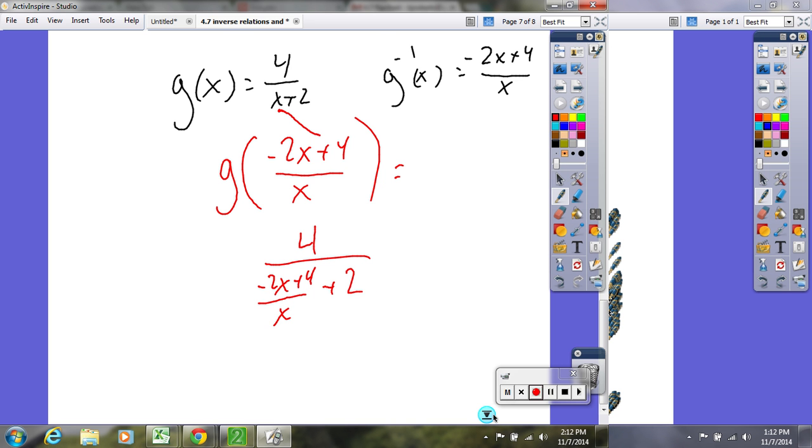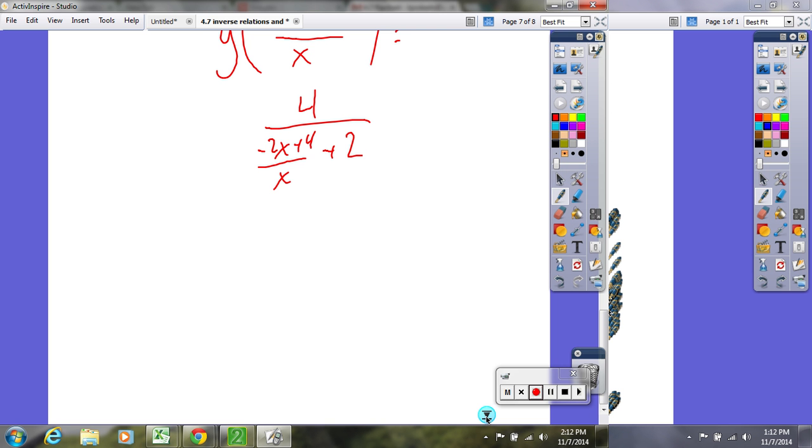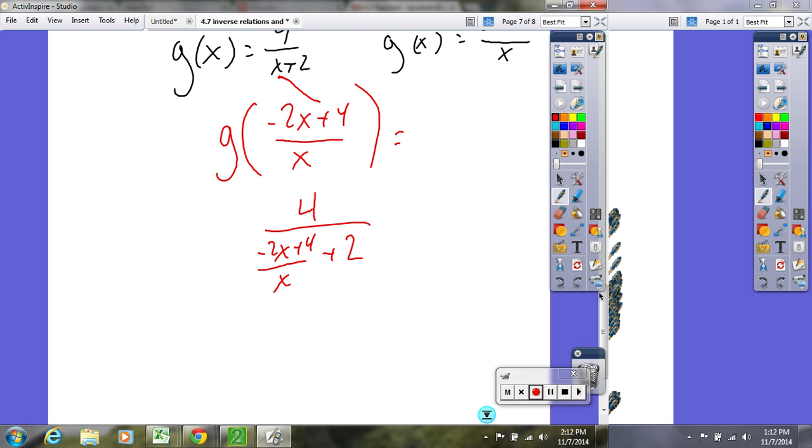What does the bottoms want to do? Well, how are we going to merge them? Common denominator. So I'm going to put an x down here, but if I put an x down there, I'm going to put an x right there. Is everybody good there? So now I'm at 4 over negative 2x plus 4 plus 2x over x.